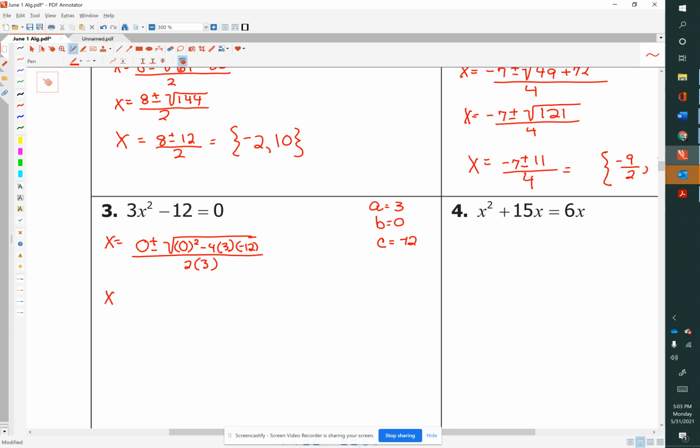Right, and let's start evaluating that. So it'd be 0 plus or minus the square root of 0 plus 144 divided by 6. So x equals the square root of 144 divided by 6.